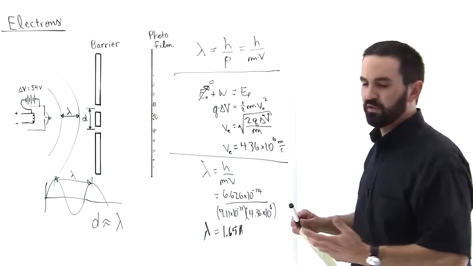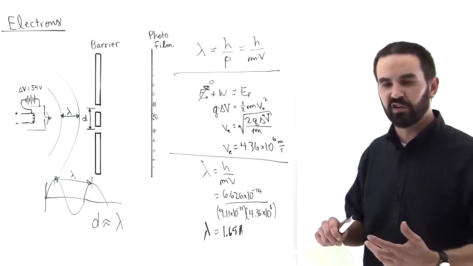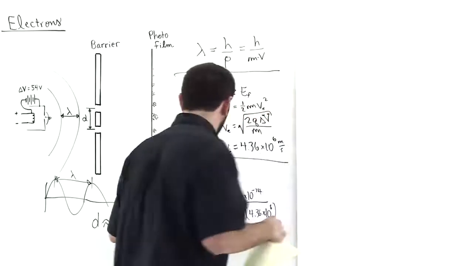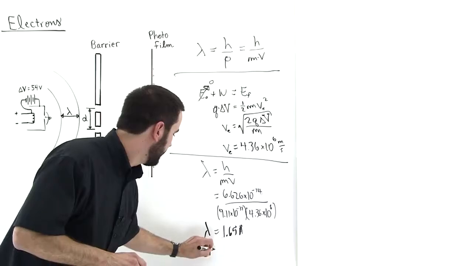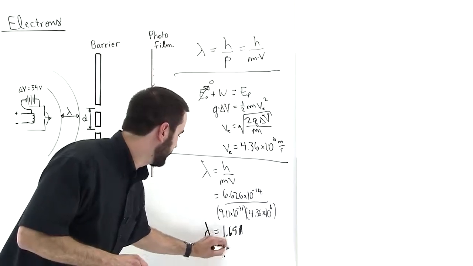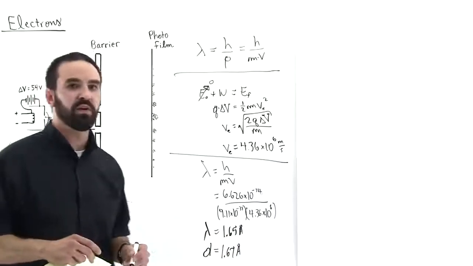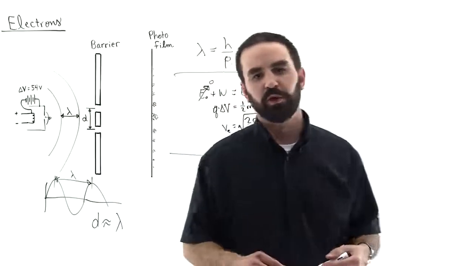When they used X-ray diffraction techniques to determine the distance between the nickel atoms, they found that the distance was about 1.67 angstroms, which was in very good agreement with de Broglie's wavelength.